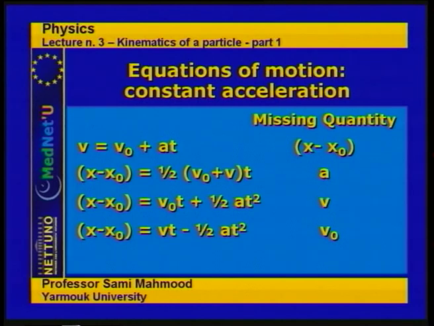This one is obtained by eliminating v naught from the two equations. And this final equation, v square equals v naught square plus 2a delta x, is obtained by eliminating the time between the two first equations. Thus, we get five different equations of motion for the particle.